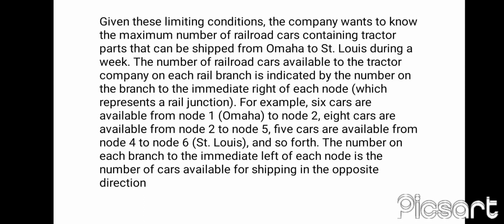The first step in determining the maximum possible flow of railroad cars through the rail system is to choose any path arbitrarily from the origin to the destination and ship as much as possible on the path. In Figure 7.19, we arbitrarily select the path 1, 5, and 6.